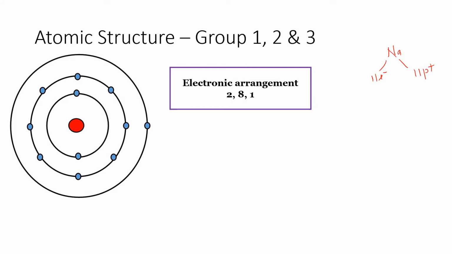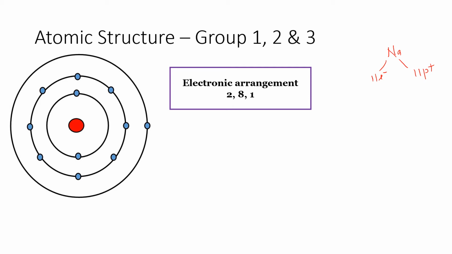To have a full shell of electrons, they must either gain 7 electrons to make 8 or lose 1 electron as the next shell below is full. Which is easier, gaining 7 or losing 1? Losing 1. Therefore, this element loses 1 electron and gets 1 positive charge.